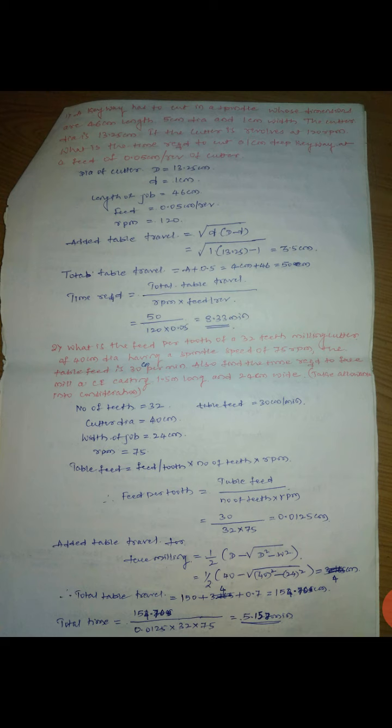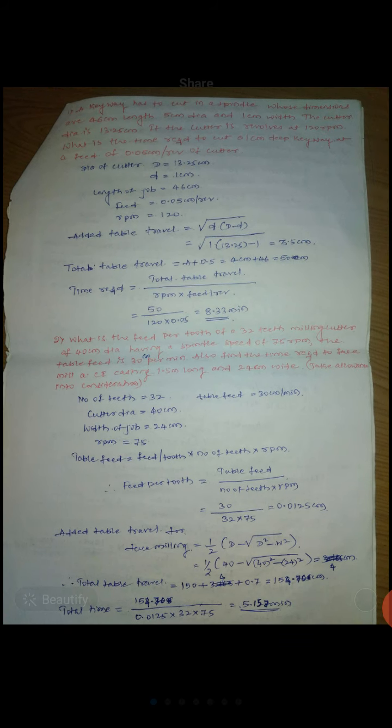Here the given data is the diameter D is 13.25 centimeter and small d, the depth of cut, equals 1 centimeter. Length of the job is 46 centimeter, feed is 0.05 centimeter per revolution, and RPM is 120. Then added table travel you have to calculate, that is the square root of d into (D minus d). So that is 3.5 centimeter, and total table travel will be taken as the approach plus 0.5.